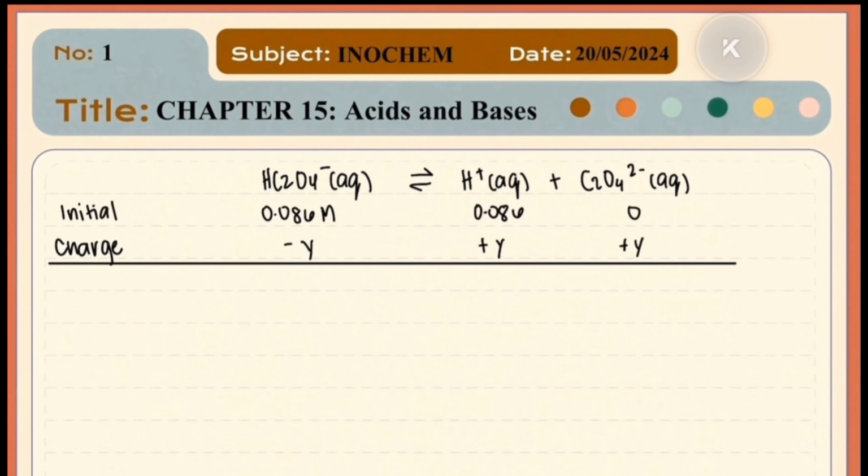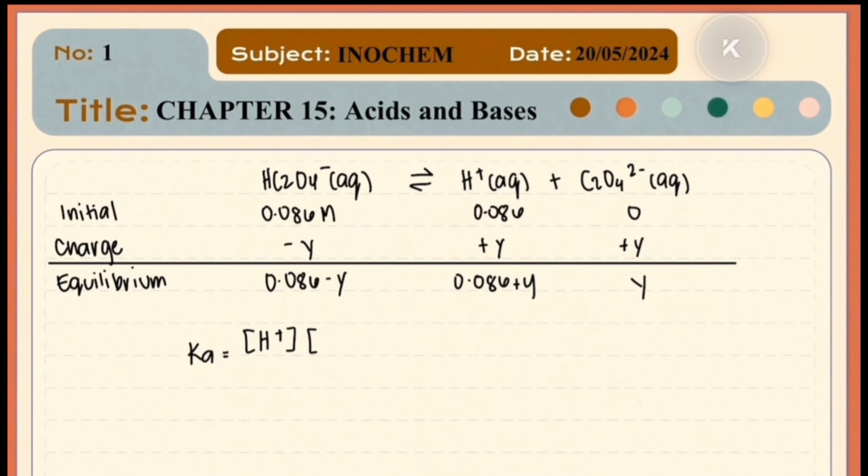So ngayon, i-denote naman natin yung ating change in equilibrium using the variable y. This will lead us sa concentration ng ating reactant and product at equilibrium which is equal to 0.086 minus y for our oxalic acid, 0.086 plus y for hydrogen ion, and y for oxalate ion.